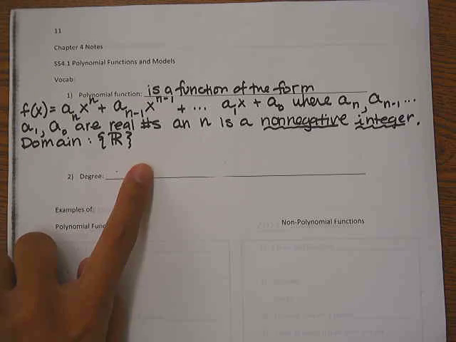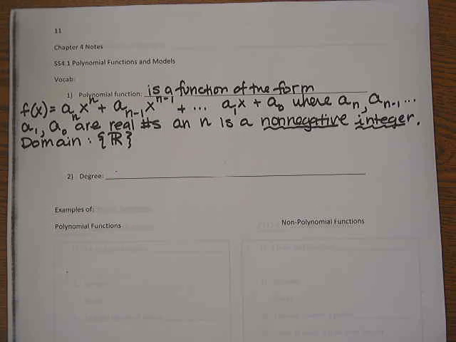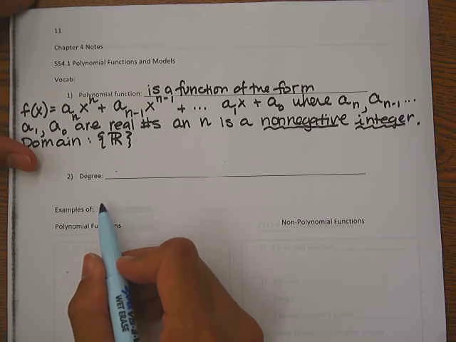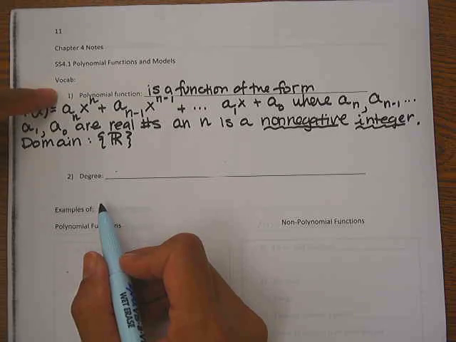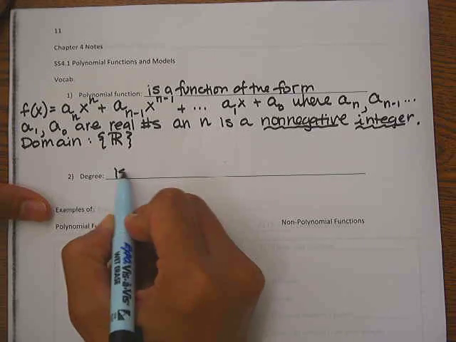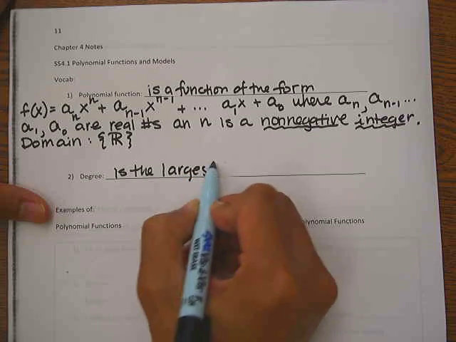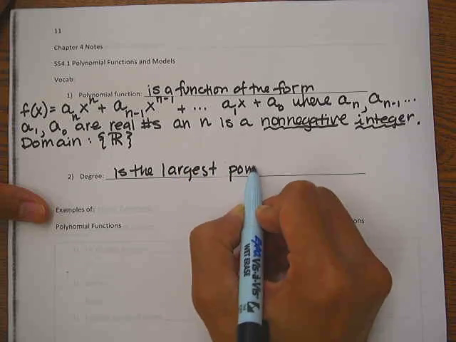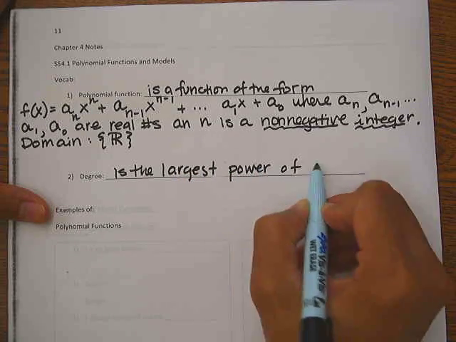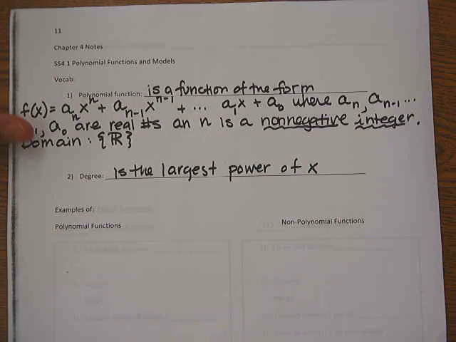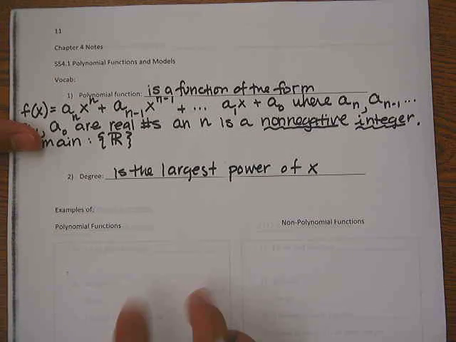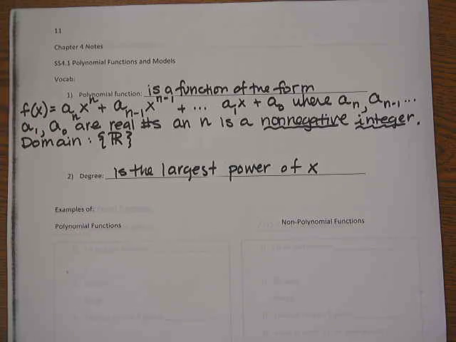Notice I'm not giving you a range because the range will be different, okay? The degree of the polynomial is the largest power of x, okay? And we're going to look at a couple examples of what the degree may be.